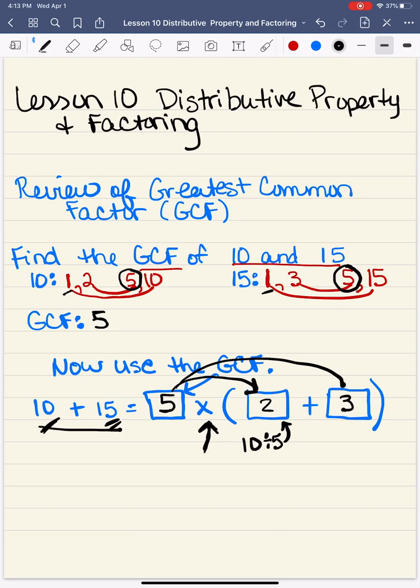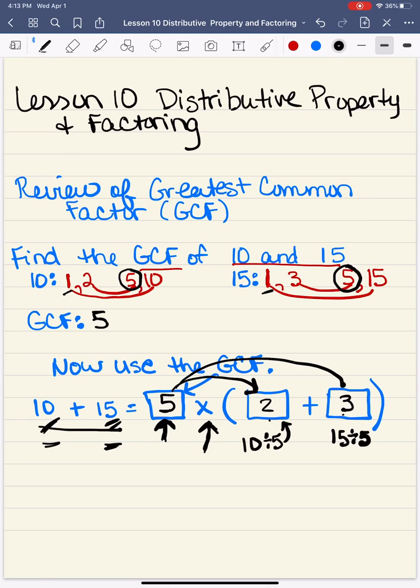Or you can look at that number 15 and divide or factor out the greatest common factor, 5. So what we're doing is finding the greatest common factor of the two numbers, and we're putting it here. Then we're dividing these two numbers by the greatest common factor and putting them in the last two spots.